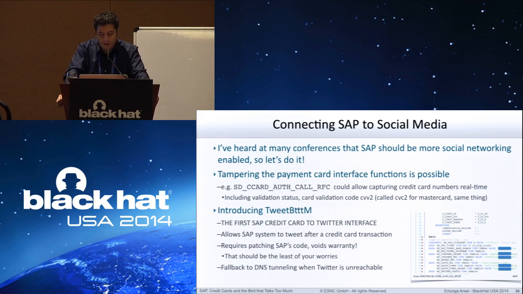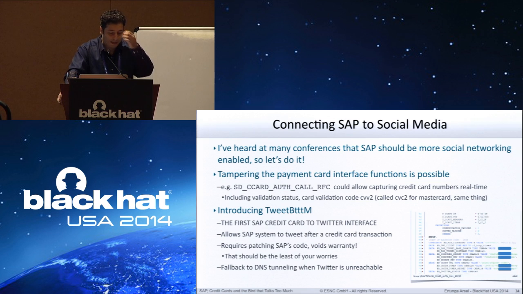Yes, we can. So we introduced Tweets BTTM. This is the first SAP credit card to Twitter interface. So basically, whenever you go and buy something from a shop running SAP systems, then the SAP system tweets this credit card. This was the picture that we have seen.